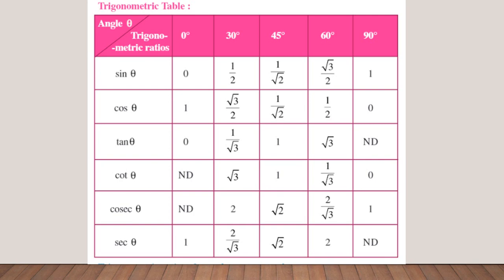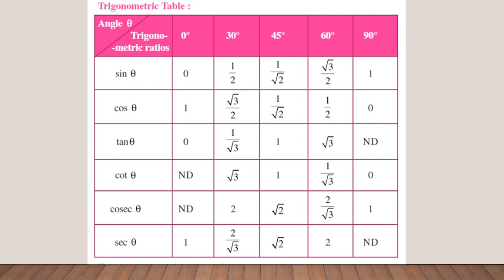If you can remember these values 0, 30 degrees, 45 degrees, 60 degrees and 90 degrees, for the 6 trigonometric ratios, then you can solve any problem related to this exercise. Furthermore, we are going to use these values in mathematics as well as physics, wherever they are required.